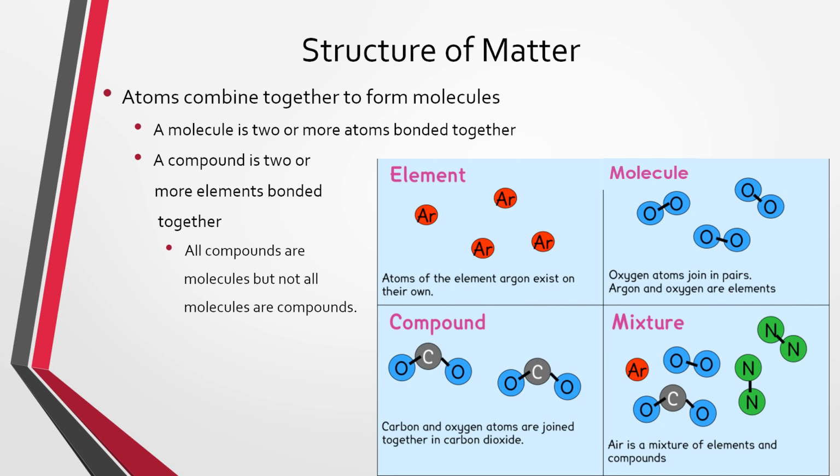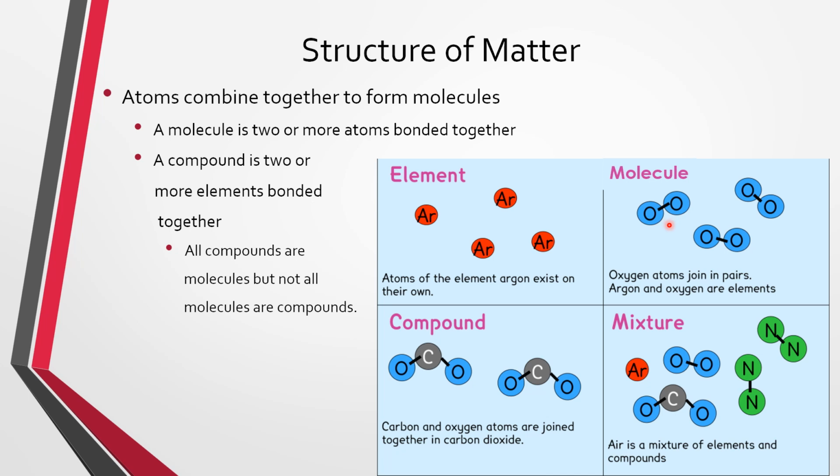The element, in the top left here, is atoms of the element argon that exist on their own. There are no bonds between them. And then here there are oxygen atoms, which join in pairs, and this would be a molecule, because two or more atoms are bonded together.